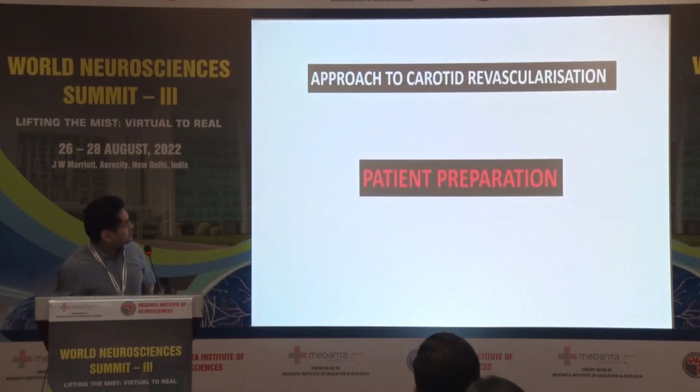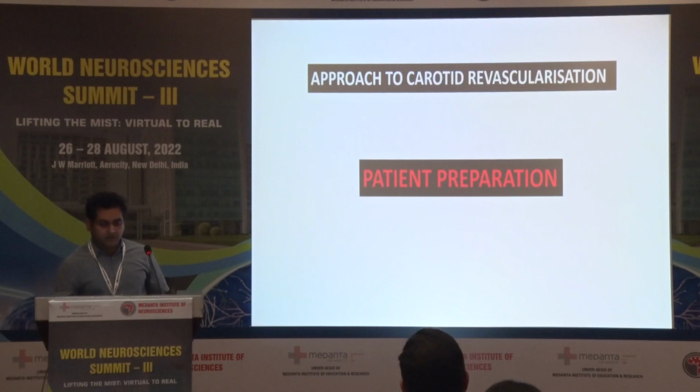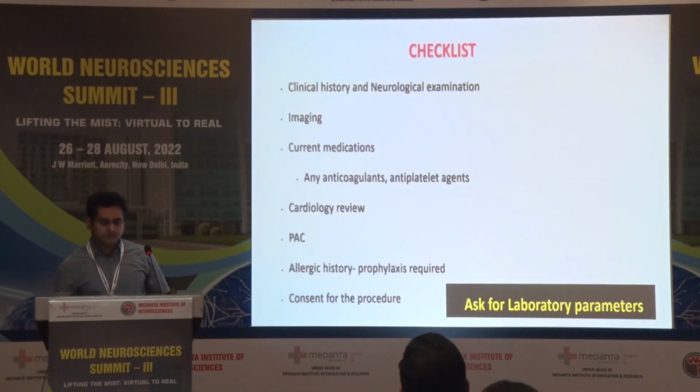So how do we approach carotid revascularization? First of all, we need good patient preparation. We need a good clinical history and neurological examination. The previous imaging needs to be evaluated, on the basis of which we can plan the carotid stenting.